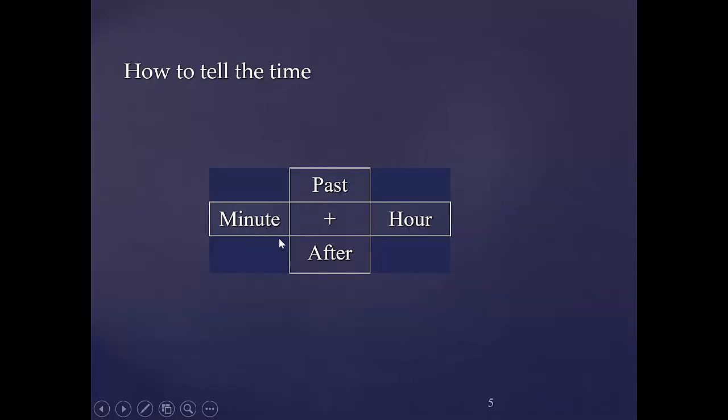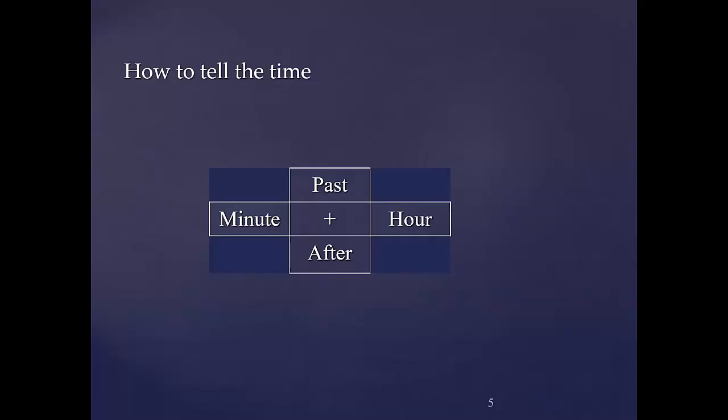So for example, let's say it's 7:15. Again, let's go with this example. It's pretty simple. I can say it's 15 past 7. And what do I mean by 15 past 7? I mean it's 15 minutes after 7 o'clock. It's half past 8. What do I mean by half past 8?